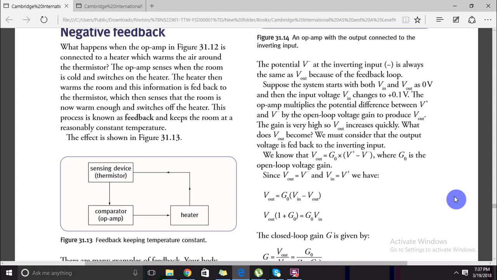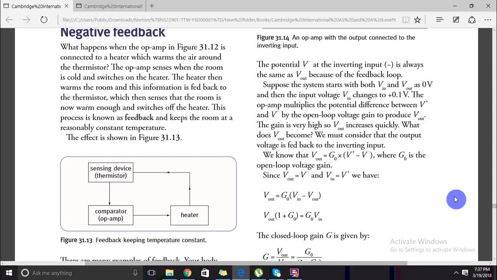So when we do that we have to bring 1 plus G naught onto the other side, so it becomes V out over V in, which is basically the gain, is equal to G naught over 1 plus G naught. And because the open loop voltage gain has such a high value, 1 doesn't have a lot of effect on it, and so basically it's equivalent to 1.